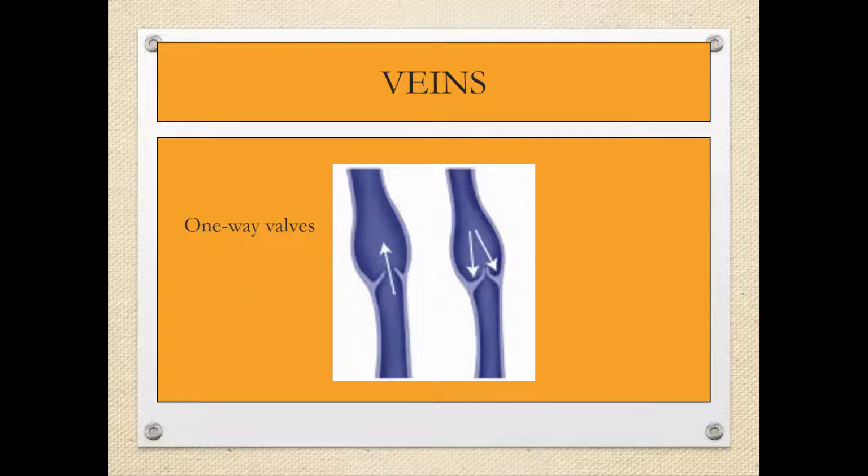If you're just standing still, at that point, gravity will try to push blood in the wrong direction down these veins towards your foot, and these valves will close and prevent that from happening. These valves are very strong, and they function well to prevent blood from traveling in the wrong direction within our veins.